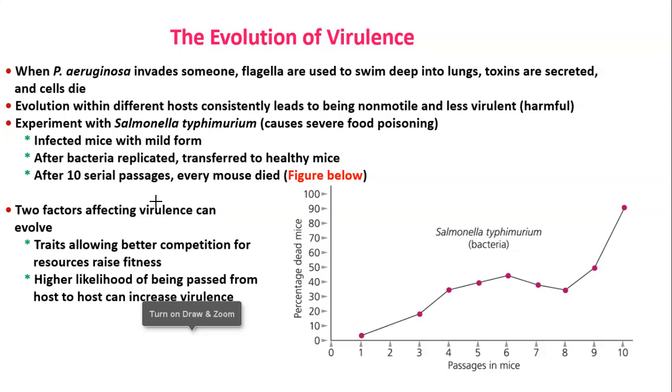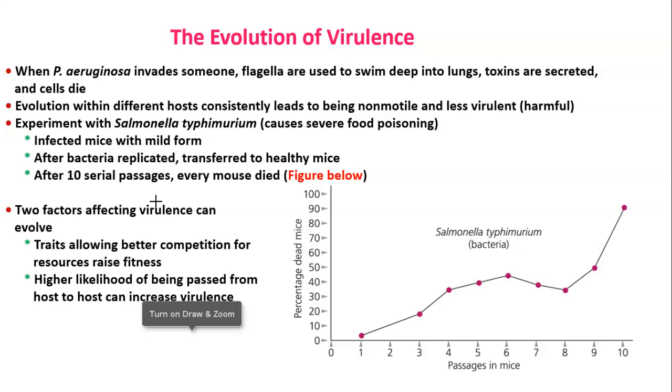Of course, these salmonella were artificially passed from host to host. So they were not allowed to stay within the host and evolve within the host, but being passed from healthy individual to healthy individual to healthy individual, it was beneficial in that case for the bacteria to increase their virulence.